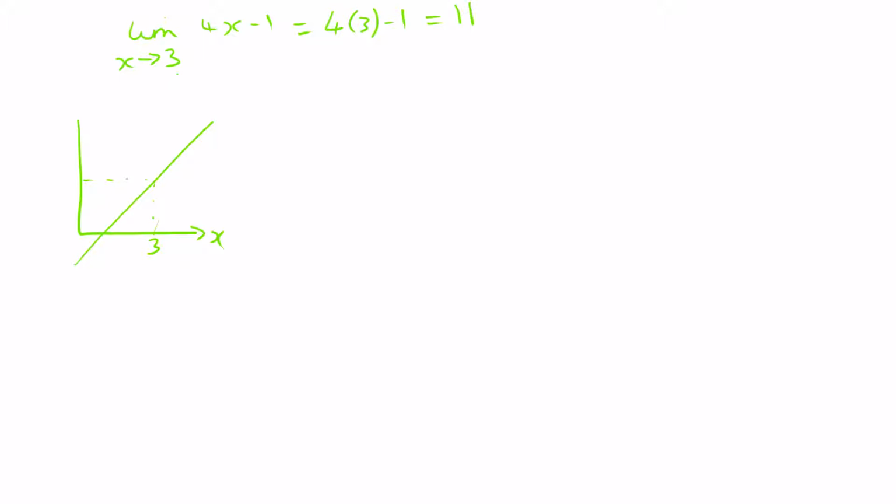There are two different types of limits that we could have. We could have the whole limits, which we've shown at the minute, or we could have right-handed limits and left-handed limits.